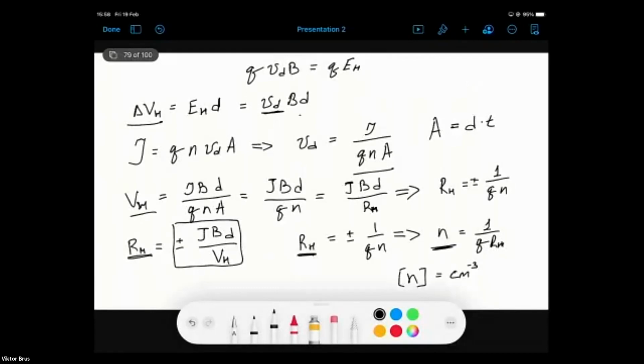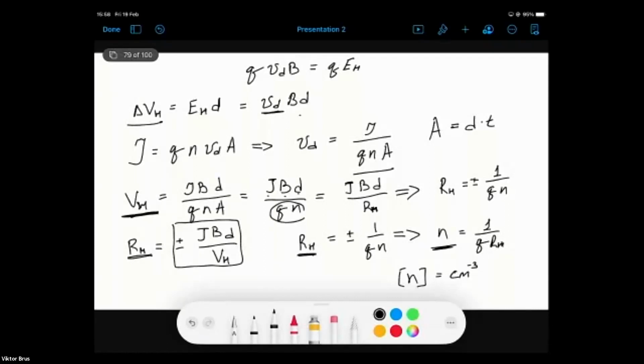So let's say if we go to the equation which defines Hall voltage, we have shown that it's I times B times D divided by QnA. Then we replaced J as I divided by A. So we have J times B times D, and here in the denominator we have Q times n.